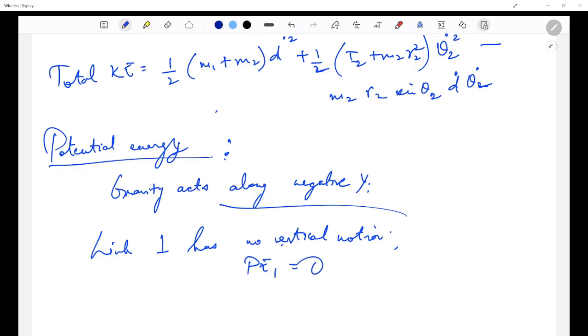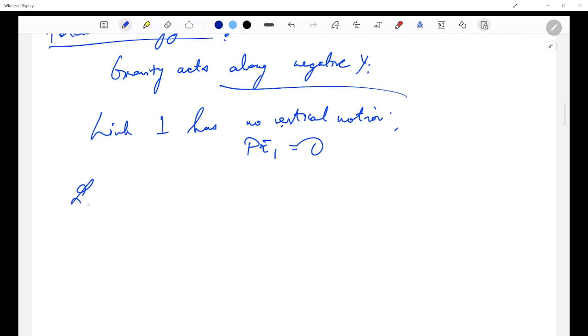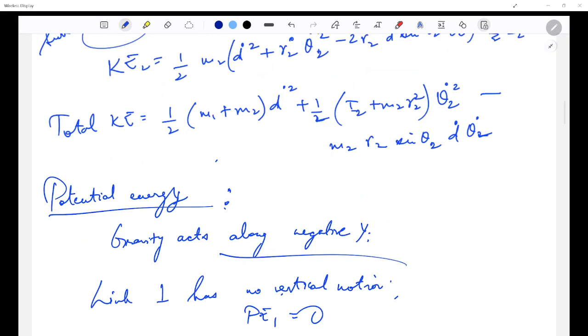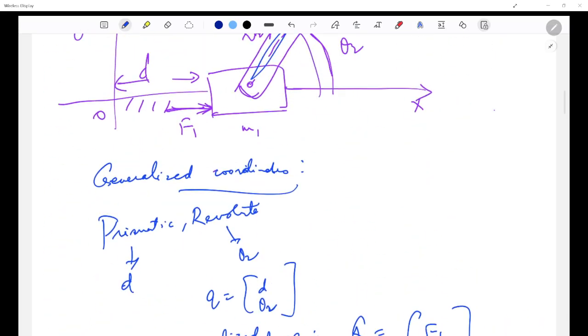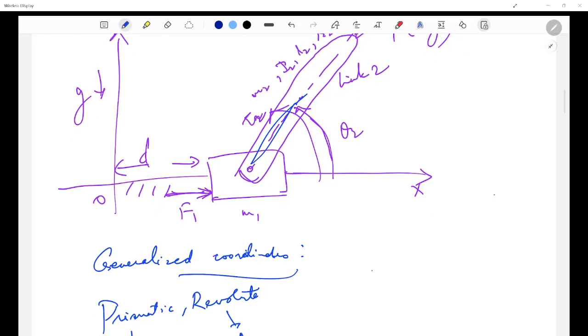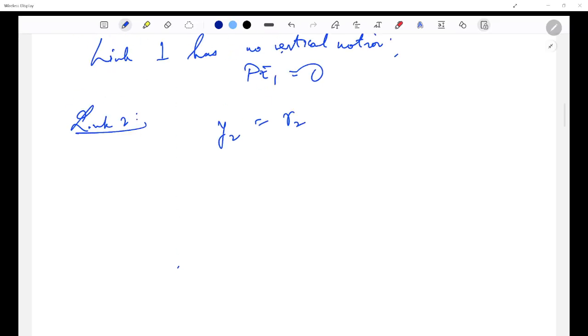Okay, and for link 2, your height, sorry, y2 would be what? It was just r2 sine theta 2, right? This is r2 and this component. So it's r2 sine theta 2. Alright. Then what is your potential energy? It is m2 g r2 sine theta 2.